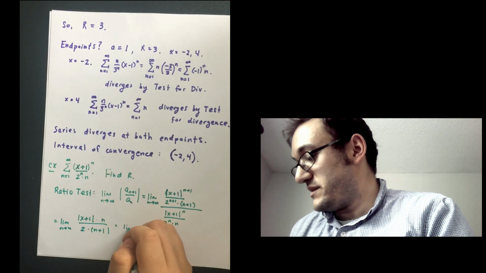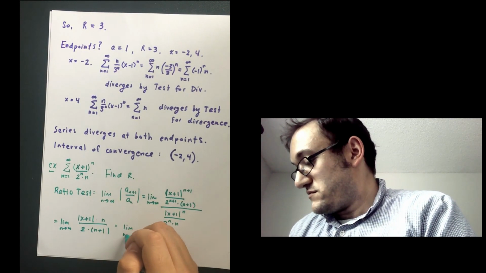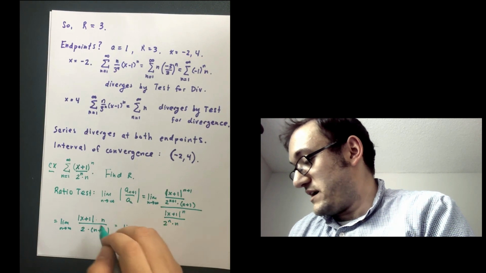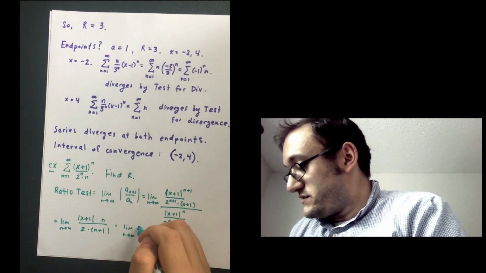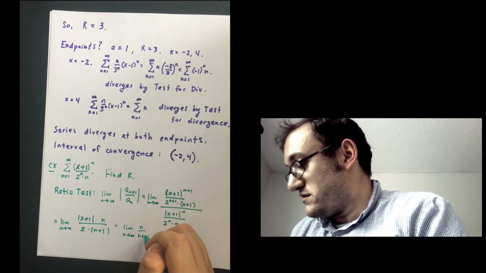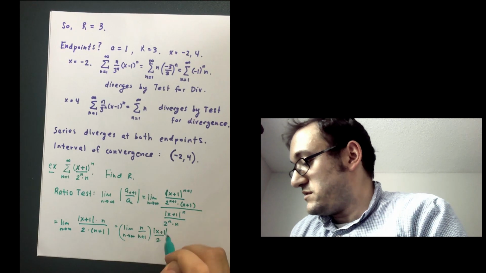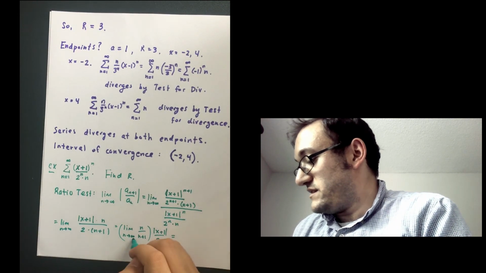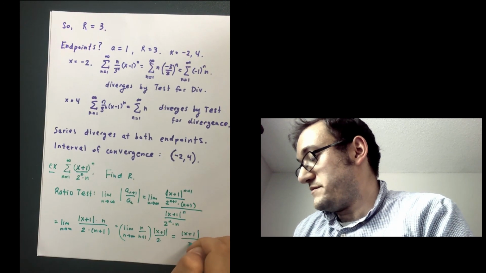Okay, that means that the limit, you can factor the x plus 1 over 2 out of the limit, so you're left with this limit times x plus 1 over 2. This limit is 1, so we're left with the absolute value of x plus 1 over 2.